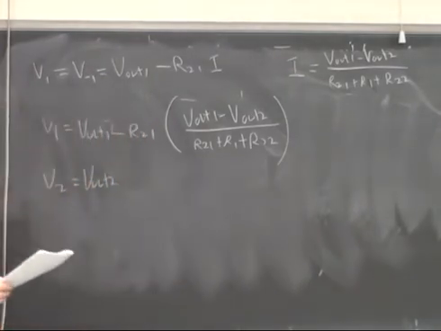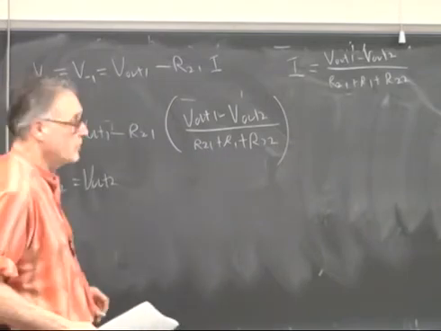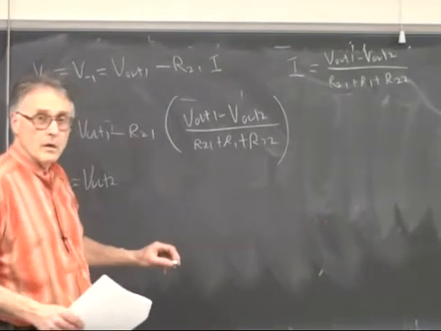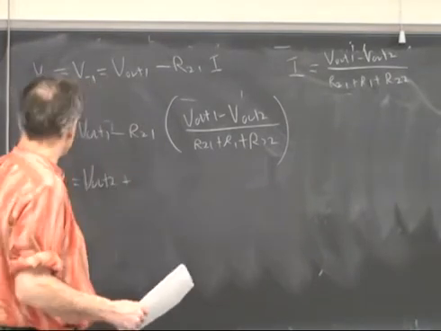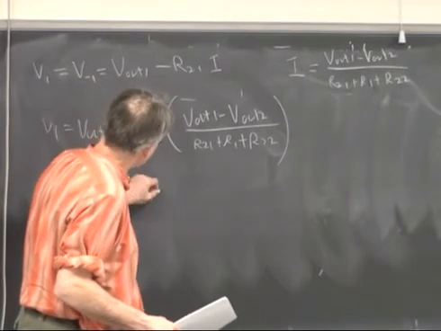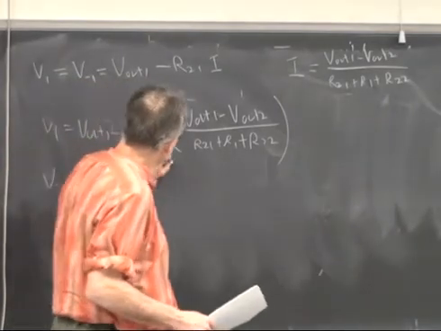which by a similar argument is going to be Vout2, and then what? Plus R22 times the same current.